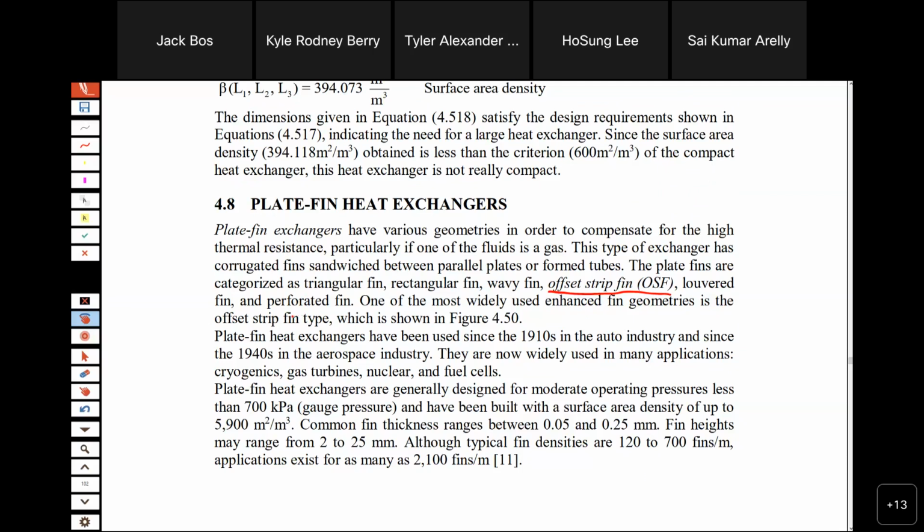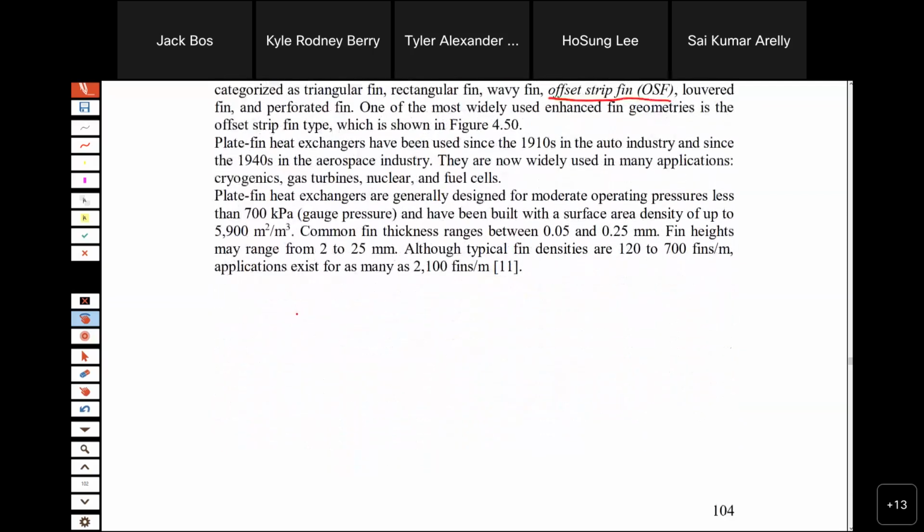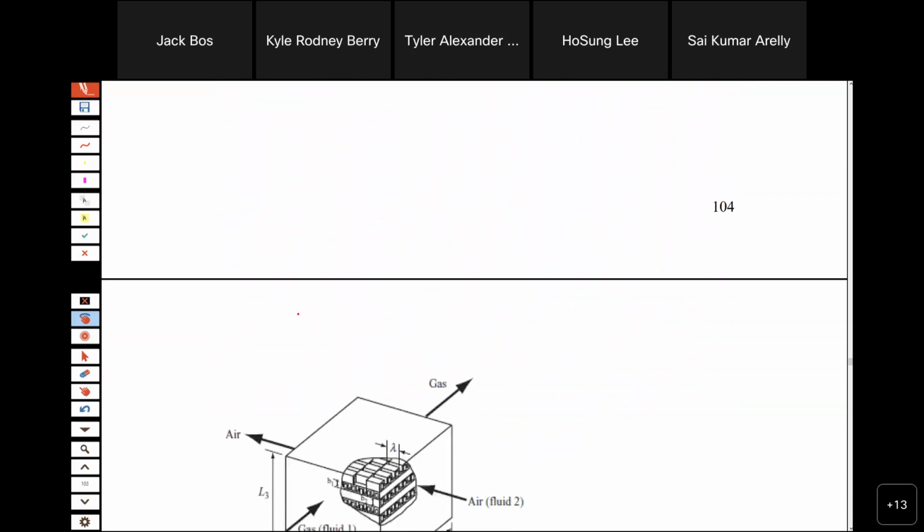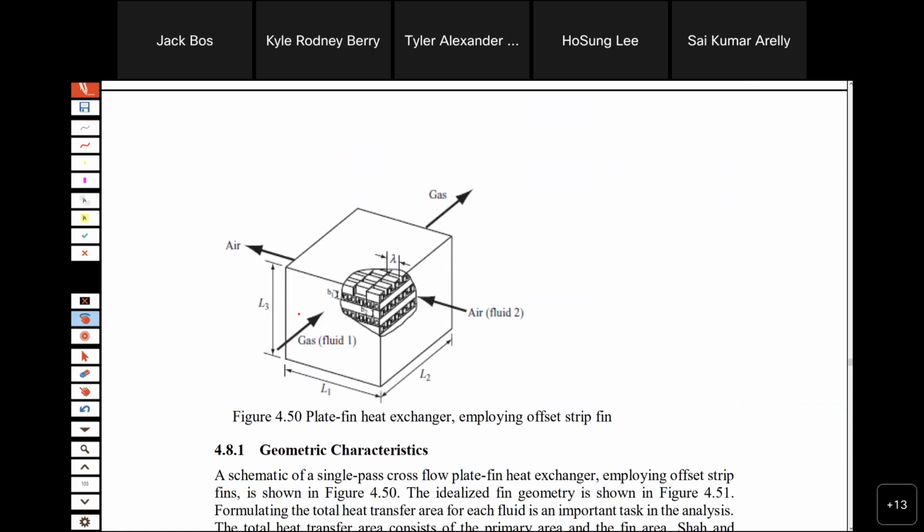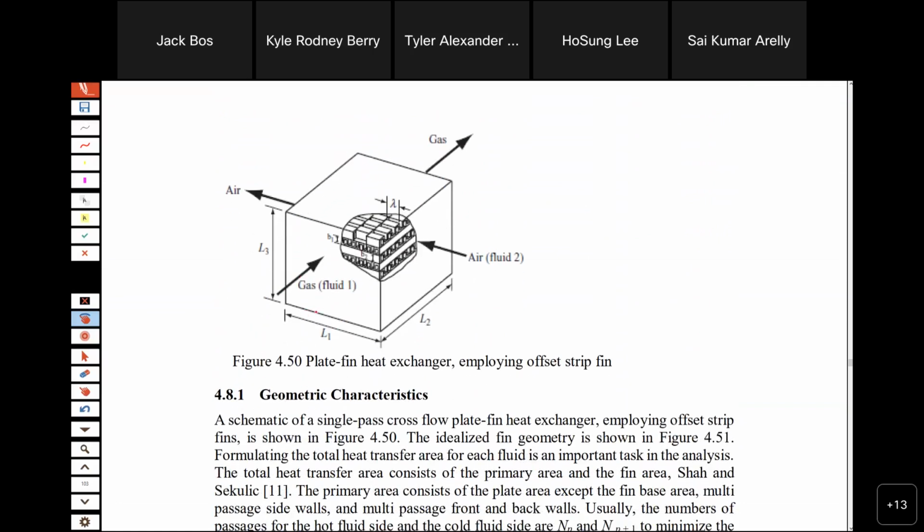Okay, so let's look at it. The gas to gas plate fin heat exchanger, a cross flow heat exchanger, is so compact.